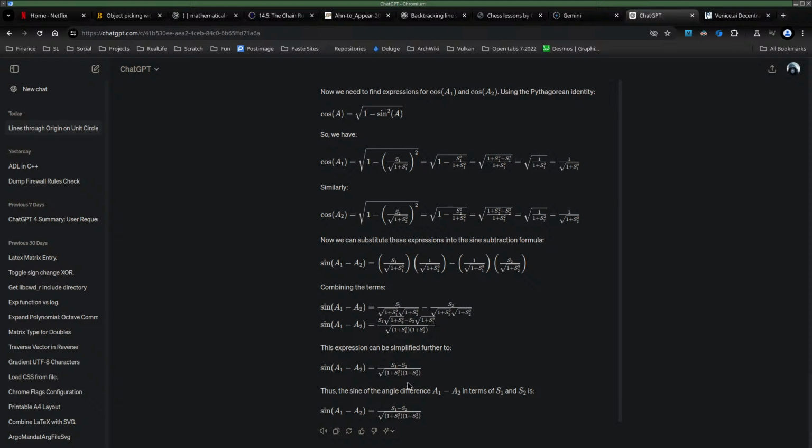Yeah, really. It's still nonsense. This one can be written like that, obviously. Thus, the sine of the angle difference a1 minus a2 in terms of, and then it repeats it. Yeah, okay.